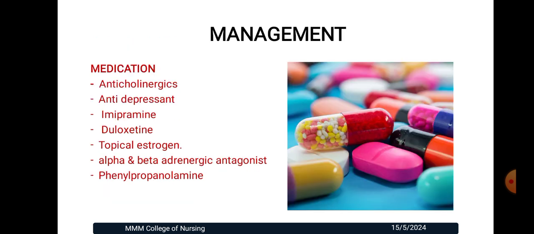Coming to the management, medications: anticholinergic medications, antidepressant medications, imipramine, duloxetine, topical estrogen, alpha and beta adrenergic antagonist, and phenylpropanolamine.